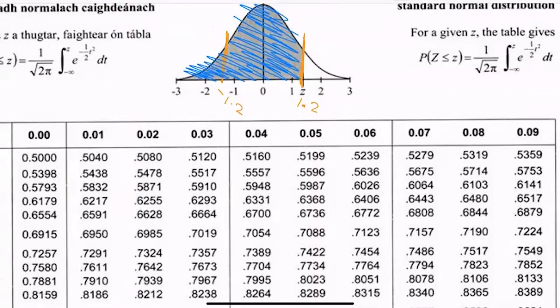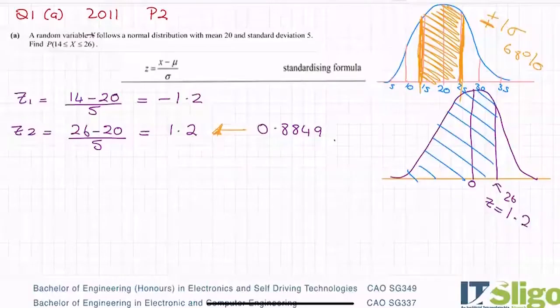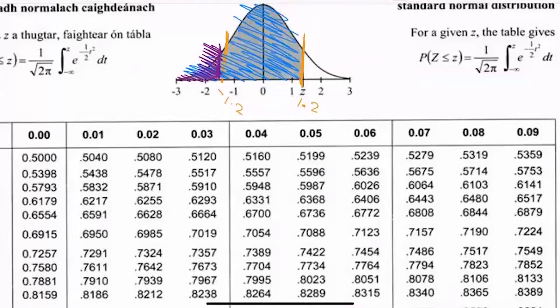But remember, I only want what's between these two lines, what's between 14 and 26. So what we do is we try and find the area here, and subtract off 0.8849. So I hope that makes sense. The bit in blue is when I looked up 1.2.